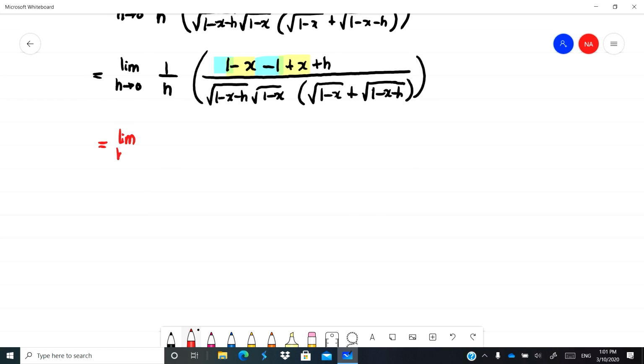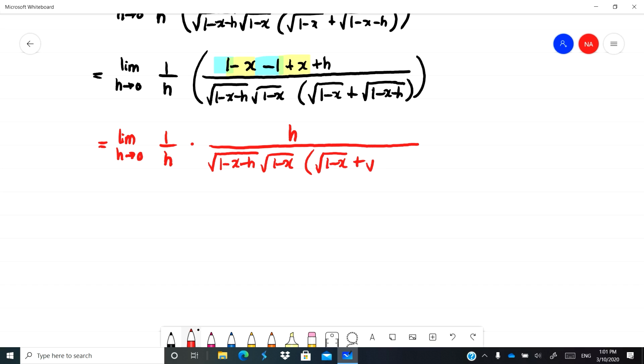So limit as h approaching 0 of 1 over h. You just have h at the numerator. Now we write everything in the denominator: 1 minus x minus h, square root of 1 minus x, and I put in a bracket, square root of 1 minus x plus square root of 1 minus x minus h.